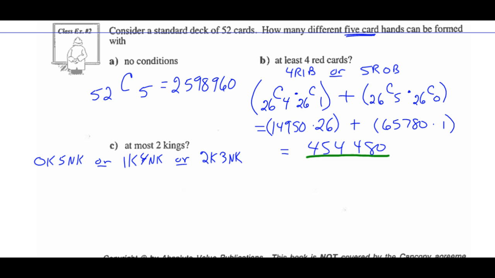All right, now not kings, I guess we want to use the notation we've learned earlier. Let's just go not kings. That'll work. All right, so let's calculate this out.